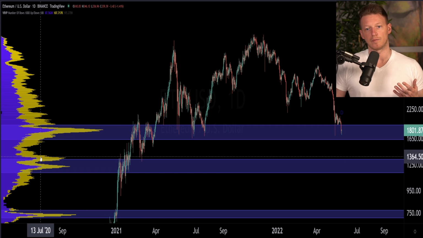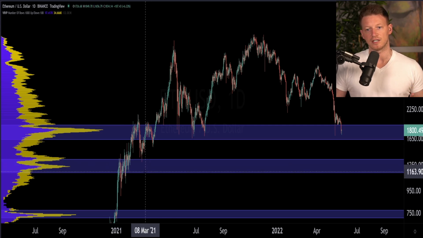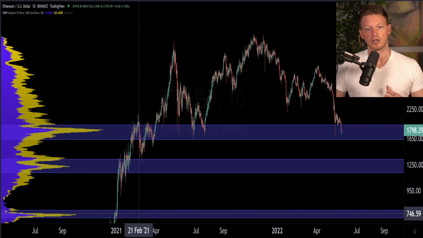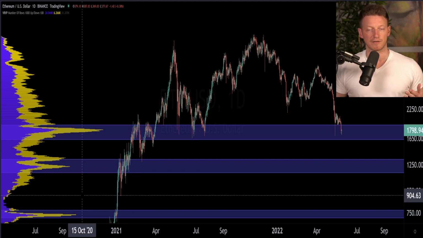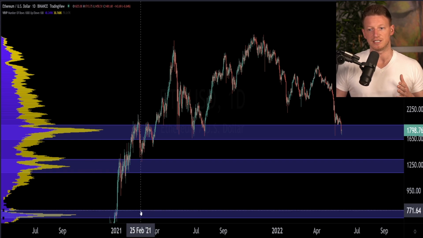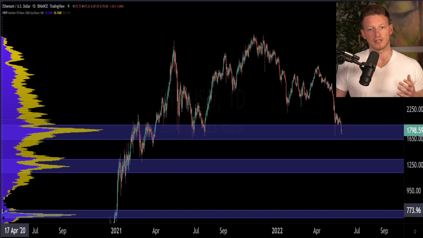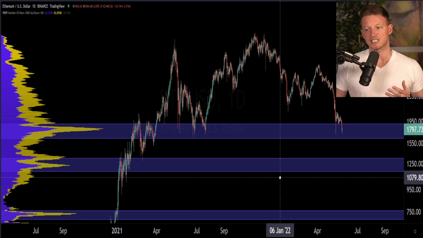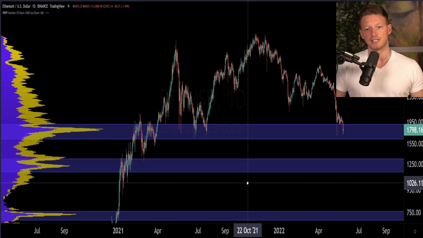And then from right around here, $1,400 all the way down to maybe around $1,200. And remember, we're not trying to be ultra precise here. We're just trying to find general broad areas where we may encounter support. We're not trying to use this metric to day trade. And then we have another level that's right around in this area, from around $600 up to around $750.